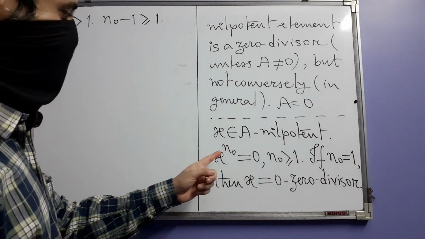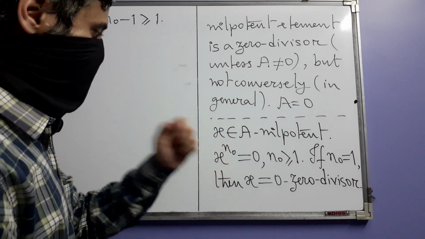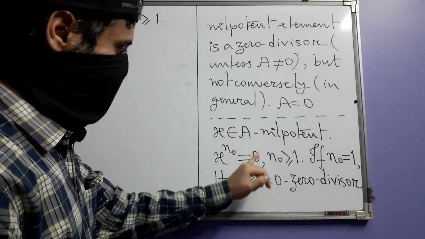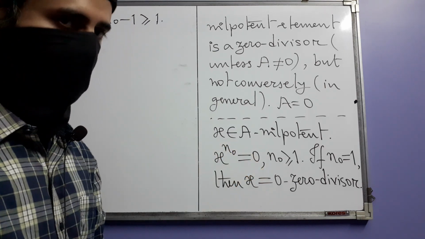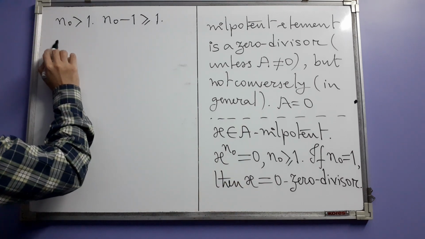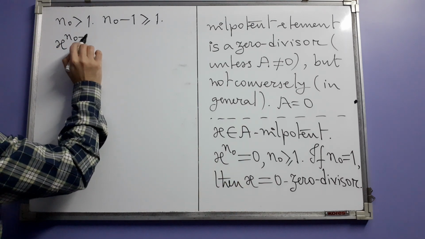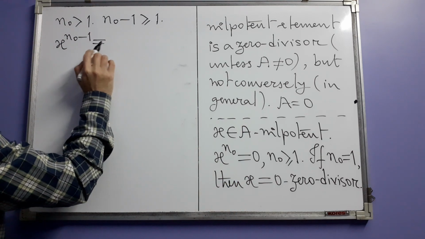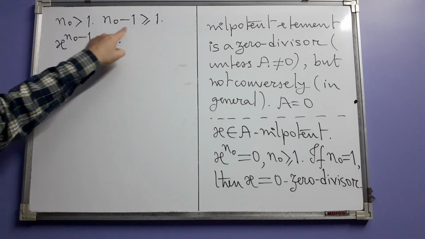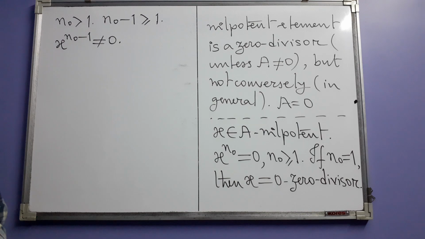Alright. Now recall the minimal nature of n naught. N naught is the smallest positive integer which gives this 0 power. So if you go even smaller than that, then you will not get 0. Note also that this is also a positive integer.